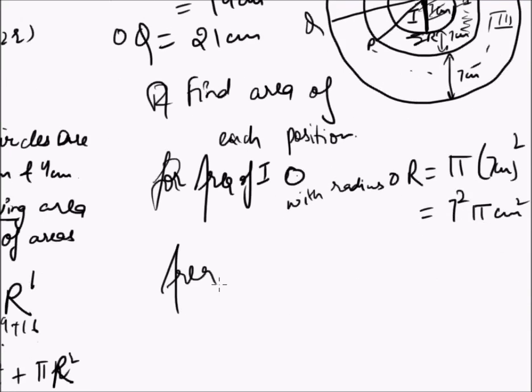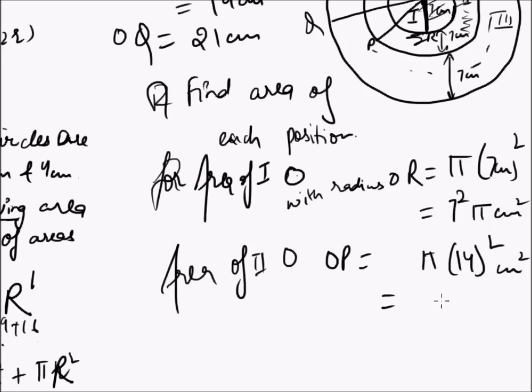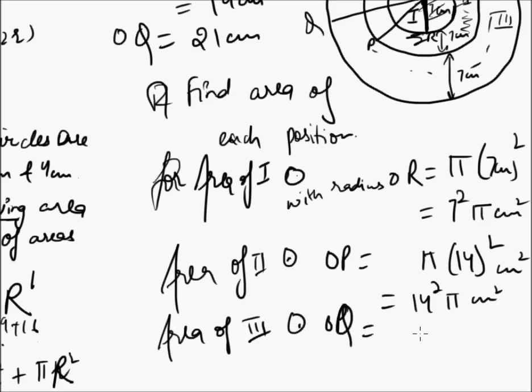Area of the second circle with radius OP is pi into 14 whole square centimeter square, that is 14 square pi centimeter square. Similarly, the area of the third circle with radius OQ is 21 square pi centimeter square.